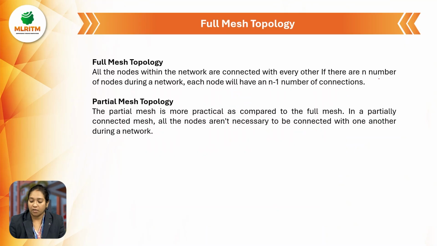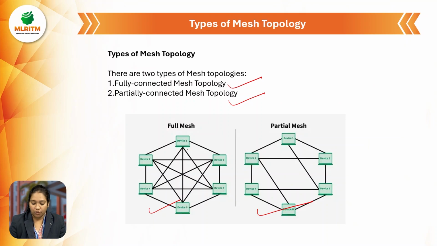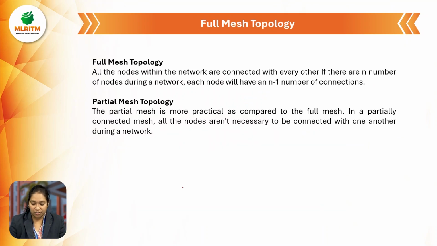If there are n nodes in a network, each node will have n-1 connections. That is called full mesh topology. Next one, partial mesh topology. The partial mesh is more practical as compared to the full mesh. In a partially connected mesh, all the nodes are not necessarily connected with one another in a network.